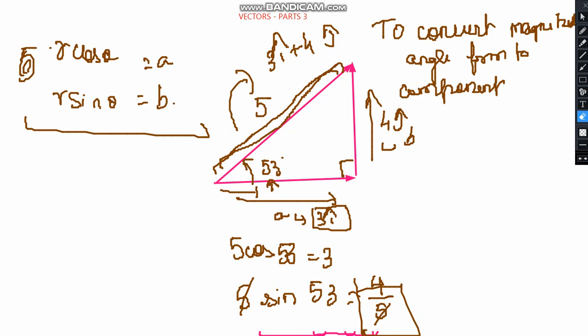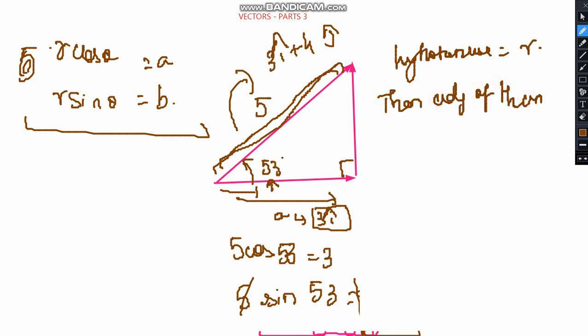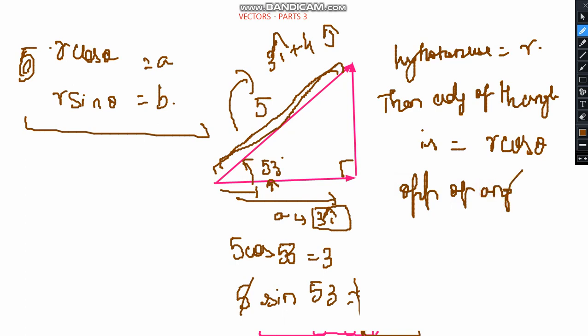Please note this down. I will be clearing it shortly. Very useful formula: if the hypotenuse is r, then the adjacent of the angle is r cos theta, and the opposite of the angle is r sin theta.